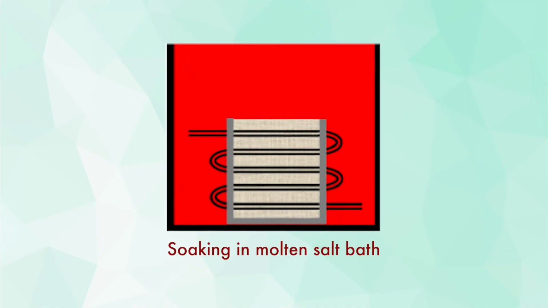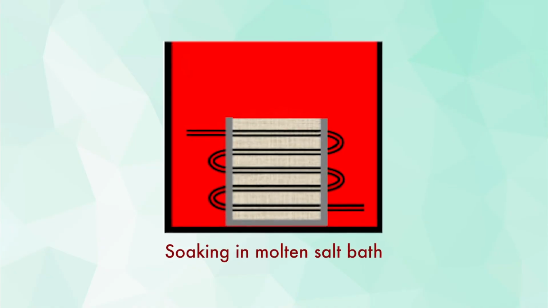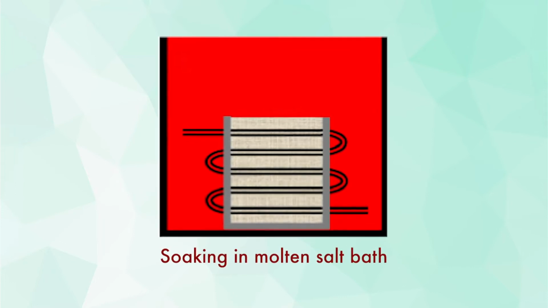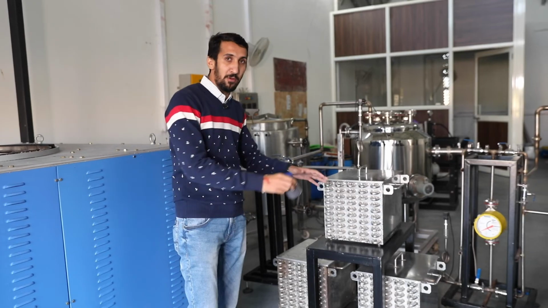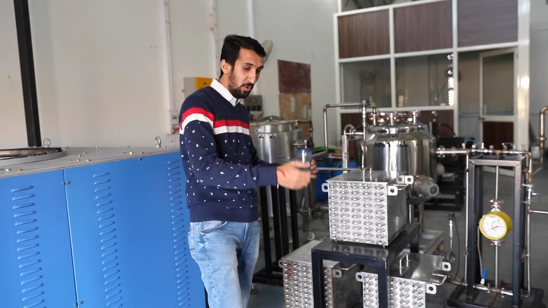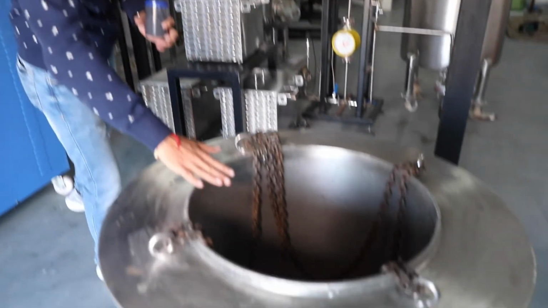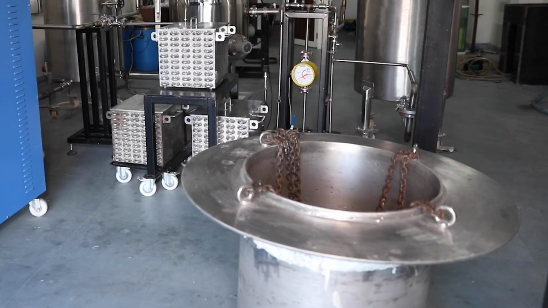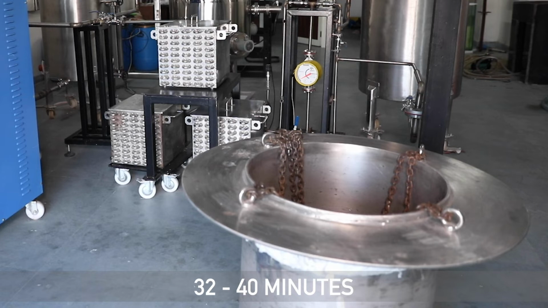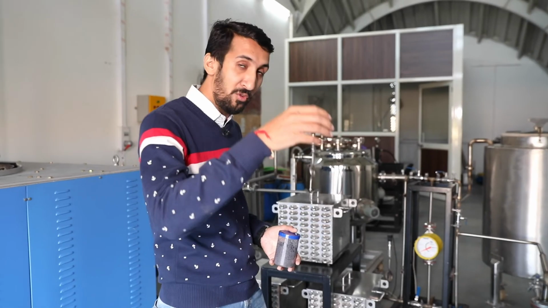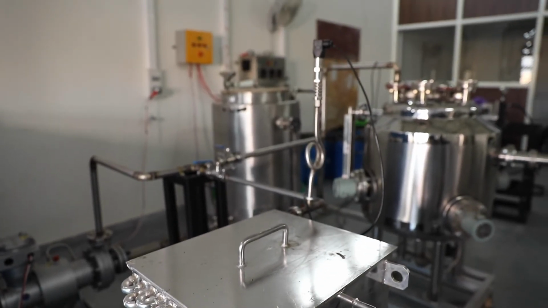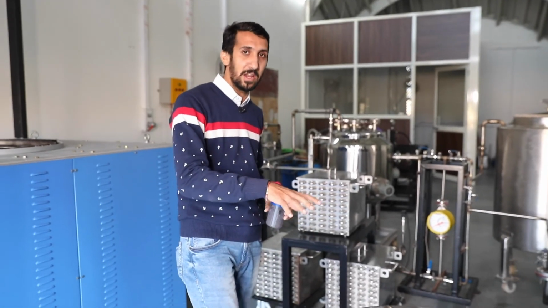After this melting process, the soaking process takes place. What is the soaking process? We put the porous graphite heat exchangers we have prepared into these crucibles containing melted PCM. The soaking takes around 30-40 minutes for the phase change materials to soak into the porous CEG by capillary action and gravity.